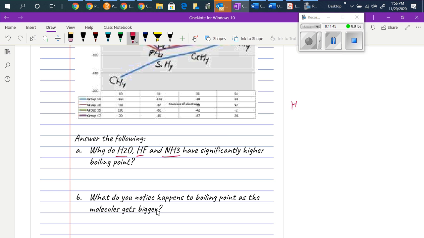We said that hydrogen bond is when hydrogen is directly bonded with oxygen, nitrogen, and fluorine. In this case, water, the structural diagram is like this. Hydrogen and fluorine, the structural diagram is like this. And nitrogen and hydrogen is like this.